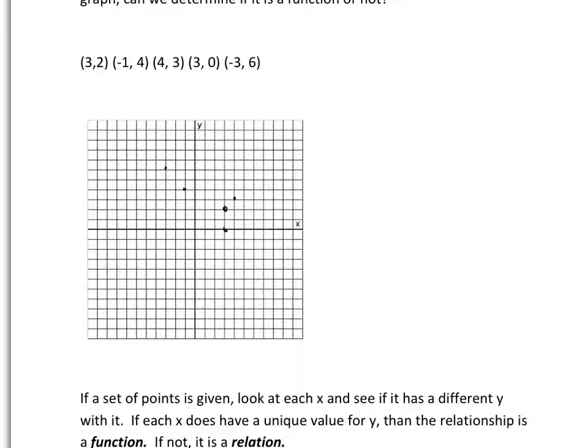I can also use the vertical line test from the last slides. So if I draw a line right here at x equals 3, that line goes through 2 points. So this set of points does not make a function. If x is 3, I don't know for sure what y is. It could be either 0 or 2. So this is not a function. It is a relation.